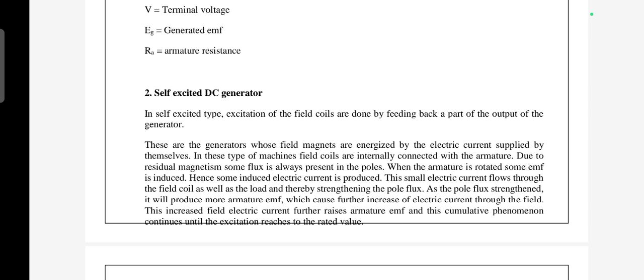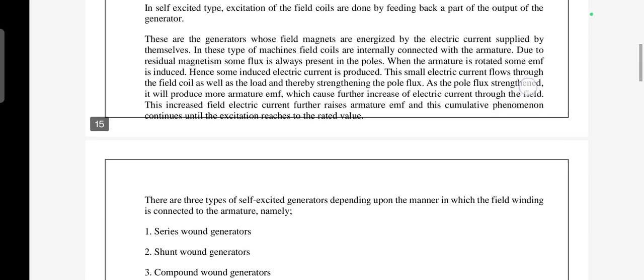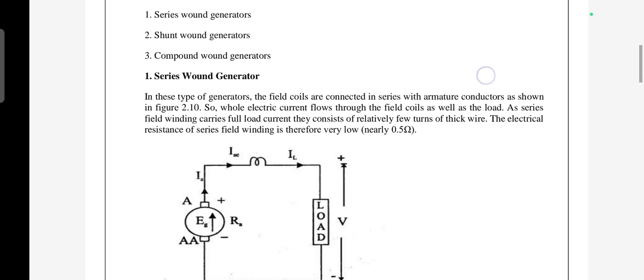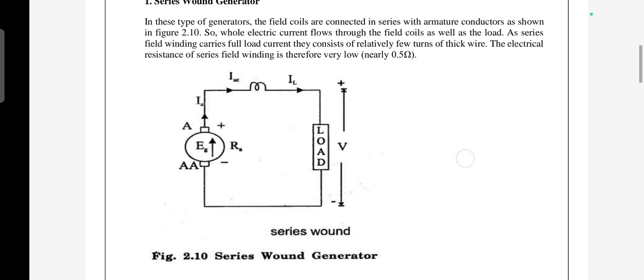Due to the residual magnetism, some flux is always present in the poles. So when the armature is rotated, some EMF is induced and hence some induced electric current is also produced. The small electric current flows through the field coil as well as the load, strengthening the pole flux. In self-excited generators, there are three types: series wound, shunt wound, and compound wound. Here we can see the series wound.